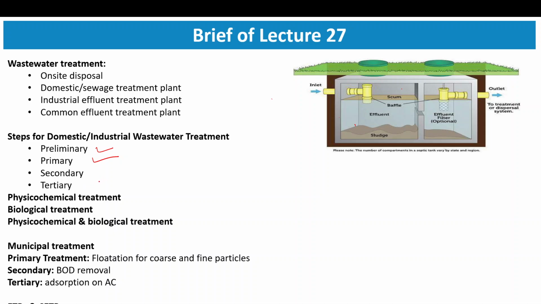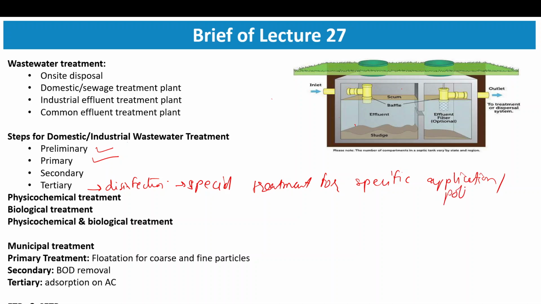But later, tertiary treatment and so on depend on the specific nature of the wastewater. Sewage tertiary treatment usually requires disinfection, while special treatments, for example the removal of pharmaceuticals, come into tertiary treatment, which are special treatments required for a specific application and pollutant.